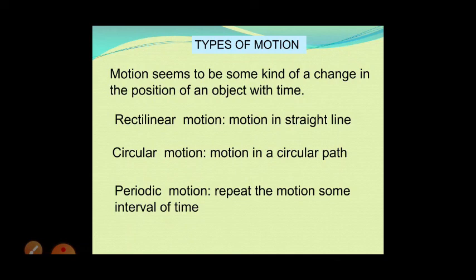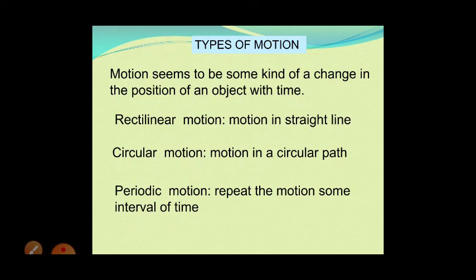Then periodic motion. The motion repeats in some interval of time. A pendulum, if you observe, has this motion. When the wind blows, the leaf will have to and fro motion, that is also periodic motion.